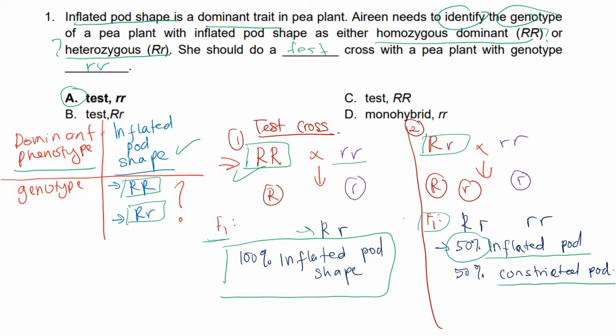So 50% show the dominant phenotype, and another 50% show the recessive phenotype. It means that this unknown individual would be heterozygous.